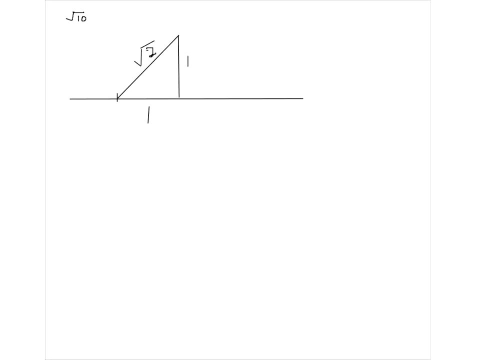You can do it faster. This is okay, but you can proceed from root 2, but you don't need it. So try something else. You don't need root 2 to get root 10.